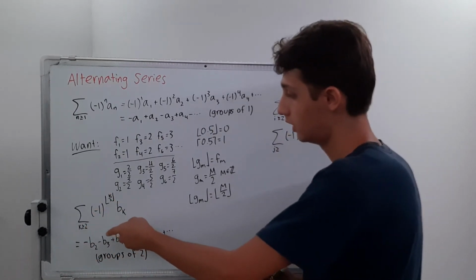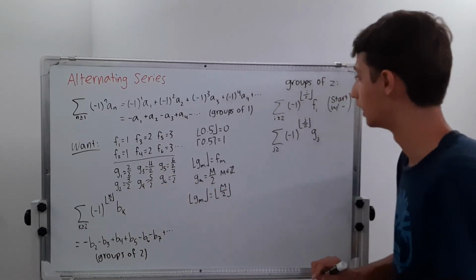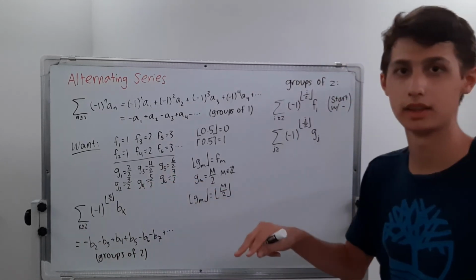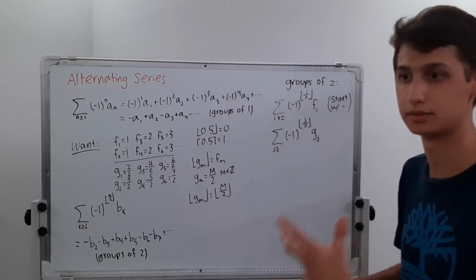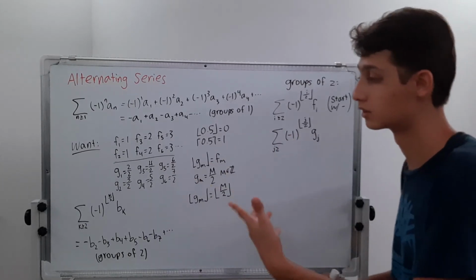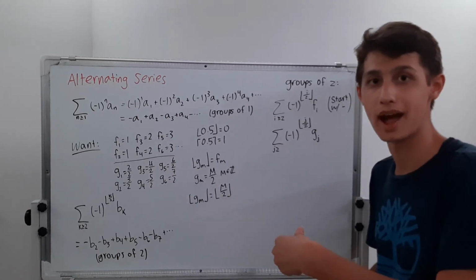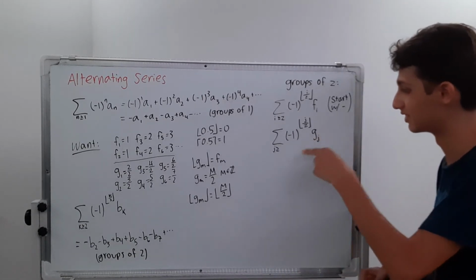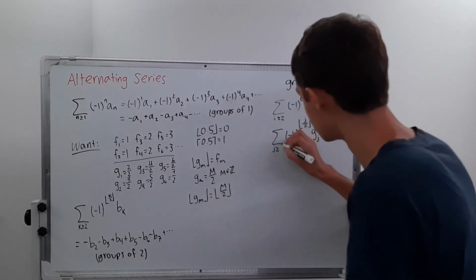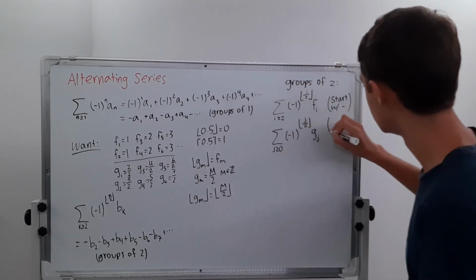Because 0 over anything is going to be 0. The floor of the next number, and the next z numbers, is going to also be 0. And -1 to the 0 power is +1. So if you start with 0, you're going to get a +1 as the first one, and then everything's going to alternate after that. So here, you start with a positive.